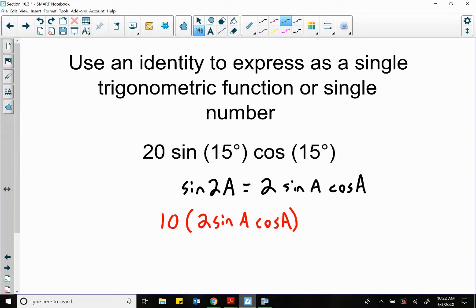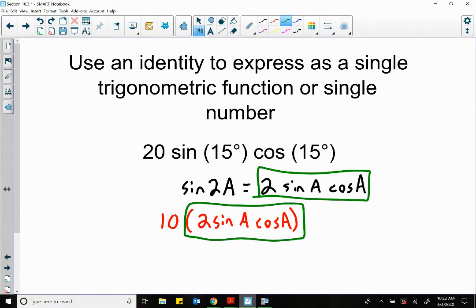And now, this part, 2 sine A cosine A, matches 2 sine A cosine A, and we can exchange. So in the end, this is what you're really looking at: 10 times sine 2A. And you know what A is? A is the 15.